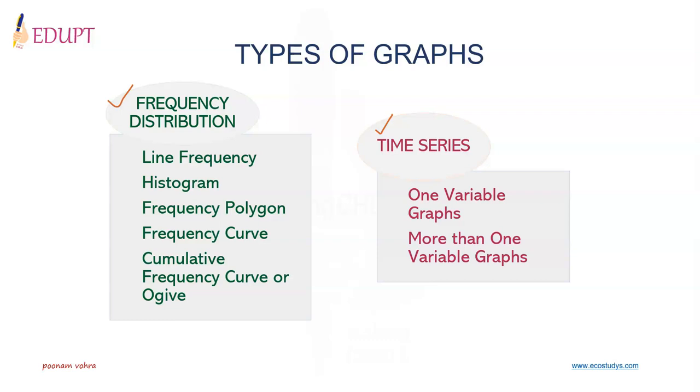These are in the form of line frequency, histogram, frequency polygon, frequency curve, and cumulative frequency curve or ogive. Whereas time series graphs are those where the value of a variable are recorded with respect to time of the occurrence. So it can be one variable graph and more than one variable graph.